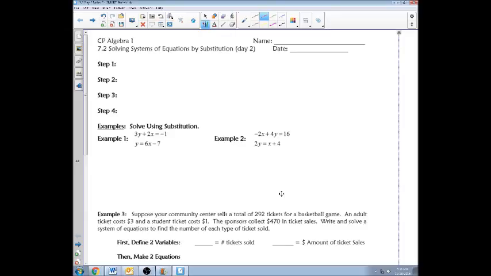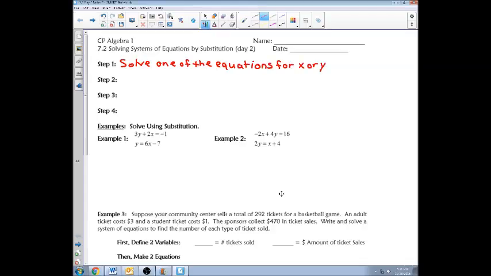All right. So the first step to solving by substitution is to solve one of the equations for x or y.